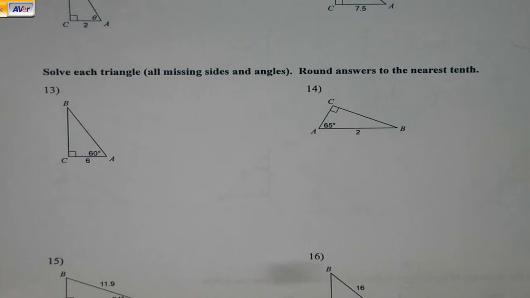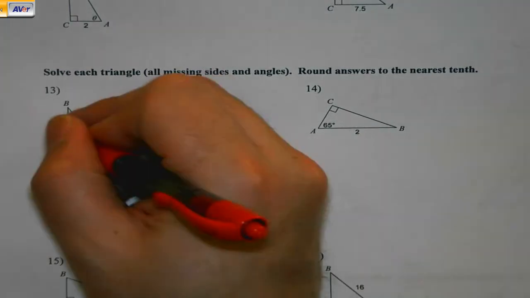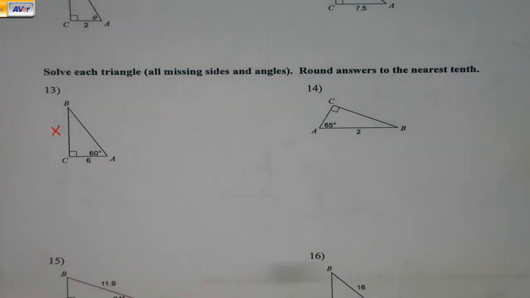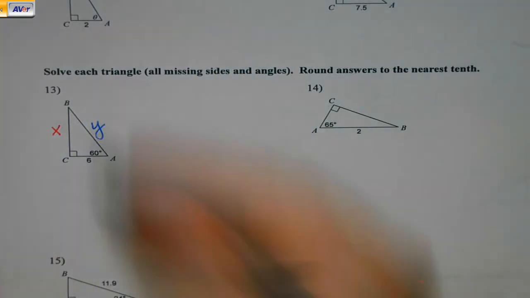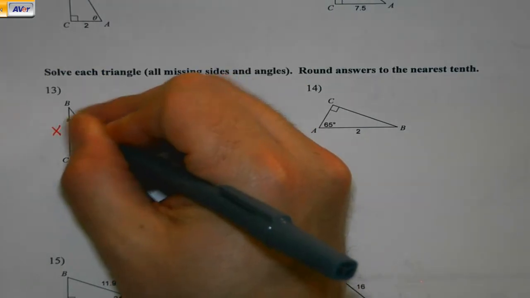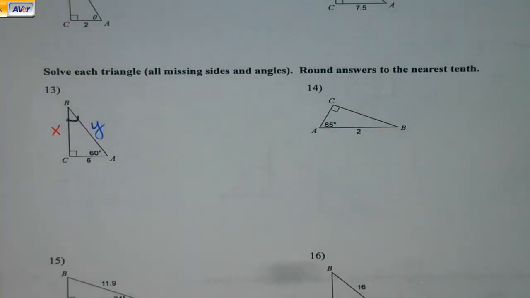Here's what I typically will do on these. So I need to find 3 things. I got 2 sides, which I'm going to label X and Y so I can tell them apart from each other. And then I'm going to be looking for angle B, because that's the only angle I don't have.